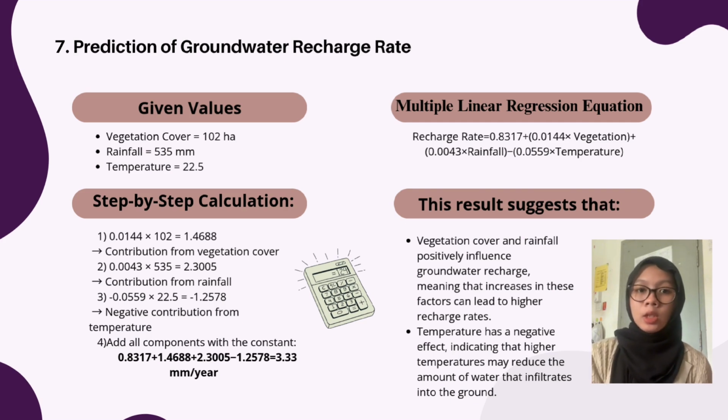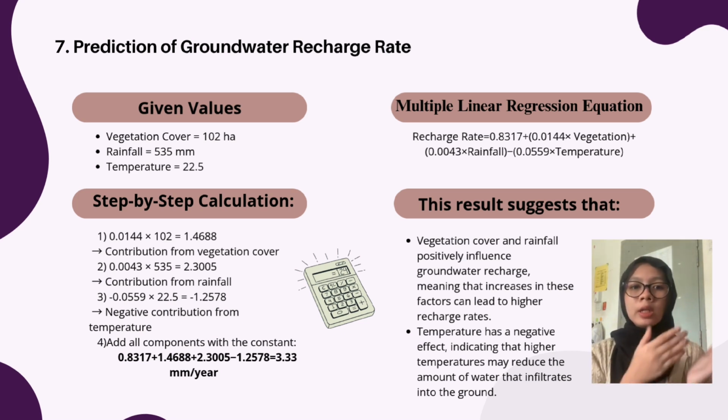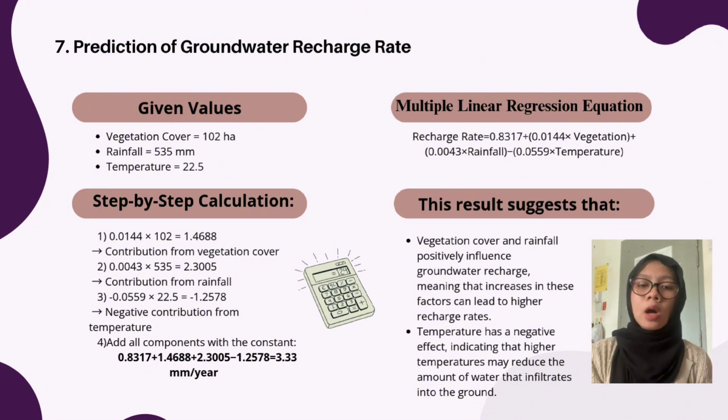Next, we substitute the values into the equation. The vegetation equals 102, rainfall equals 535, and temperature equals 22.5. You can refer to the breakdown of the calculations on the slide. It shows how each value is multiplied with its corresponding coefficient.